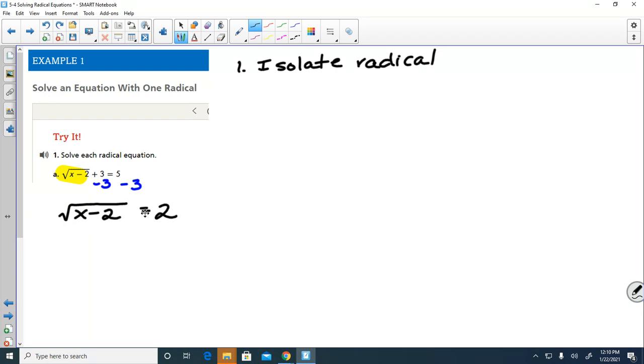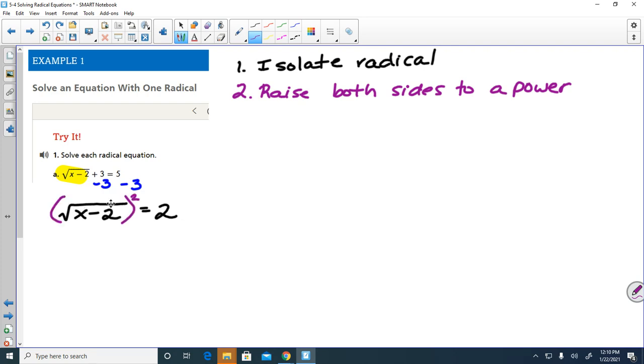So once the radical is isolated, then step 2, on the previous slide, it said square both sides, but I'm going to write raise both sides to a power. Because if you have a square root, yes, you will square both sides because squaring undoes the square root. But if you have a cube root, then you'll need to cube both sides.